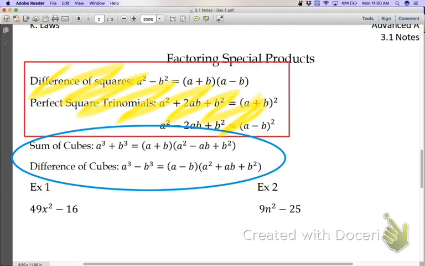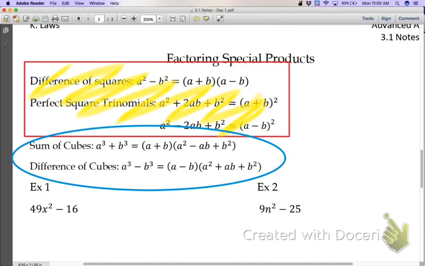Whenever we deal with a difference of squares, a difference of 2 squares will always have 2 values, and that's it. If it's a perfect square trinomial, then it is a trinomial, so it'll still have 3 terms. You can still factor it the same way we did, going through your a and your c and multiplying those, and then the b and what needs to happen to either add or subtract.